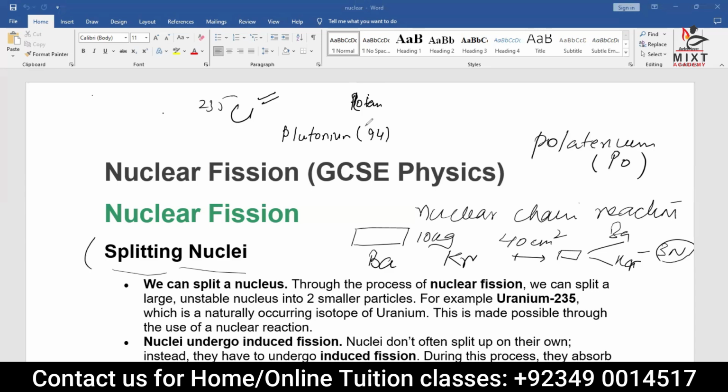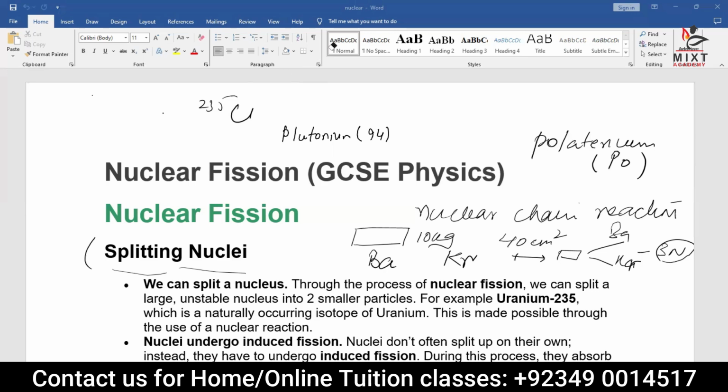That material is much better. I mean, you can find it more easily than uranium. So plutonium is also used for the purpose of nuclear fission reaction. But mostly in the books and everywhere you will find mostly uranium 92 235. The most famous one is this one.